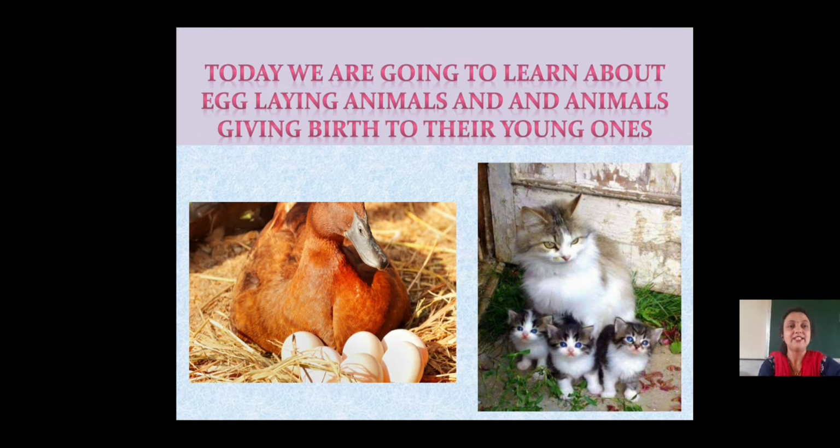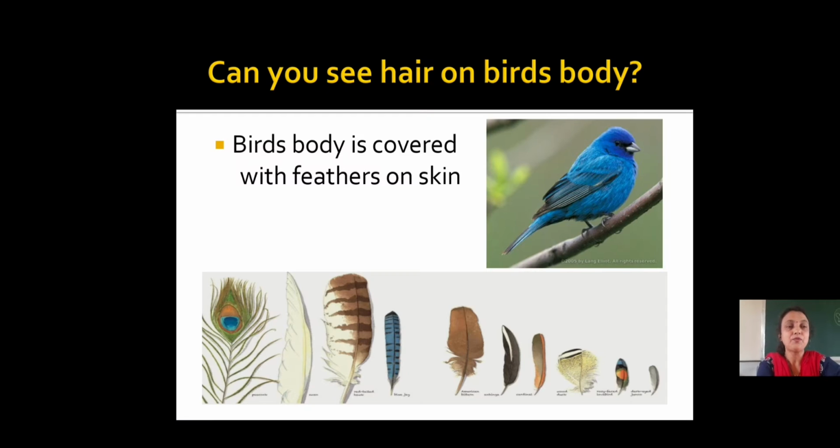Now let's see what we can see. Here we have shown you one bird. Can we see hair on the bird's body? Write your answer in the comment box. Then what is there instead of hair on the bird's body? See, the bird's body is covered with feathers, right?